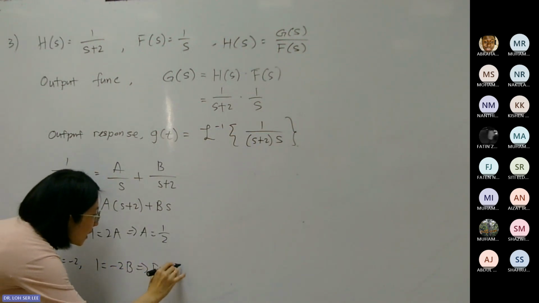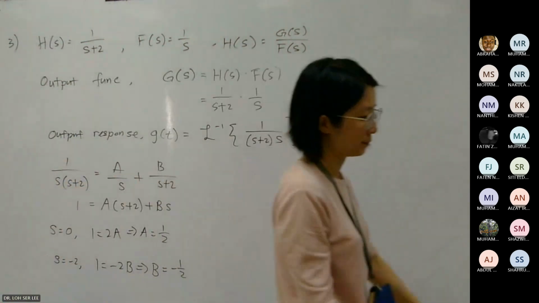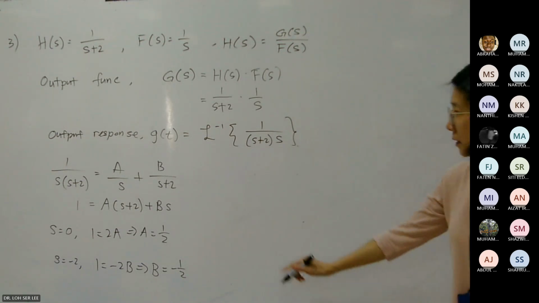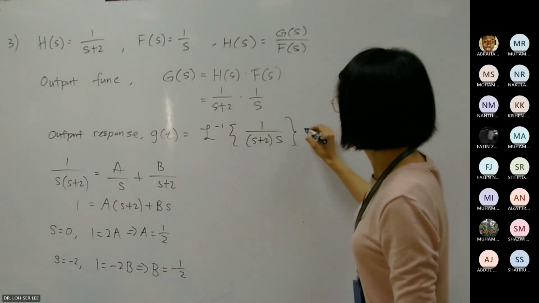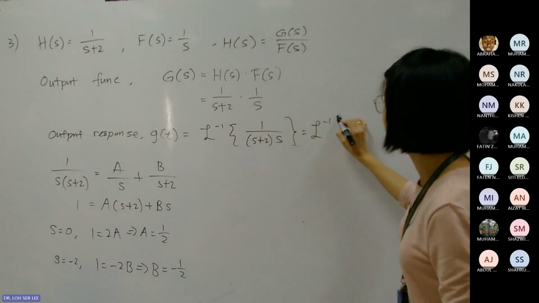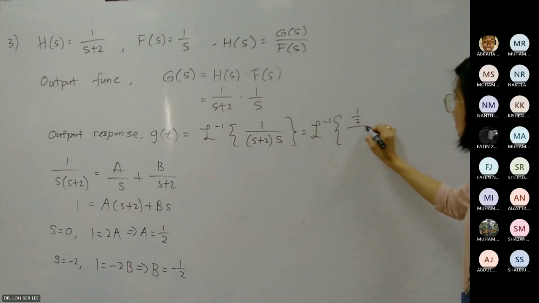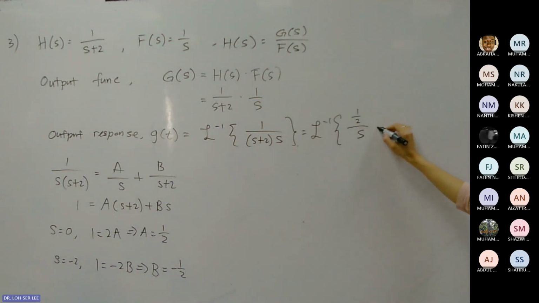Then your B is negative half. So we have a half over s plus negative half over s plus 2.